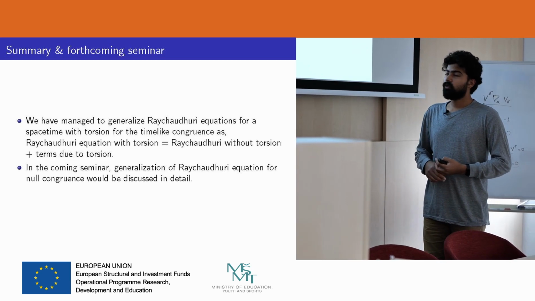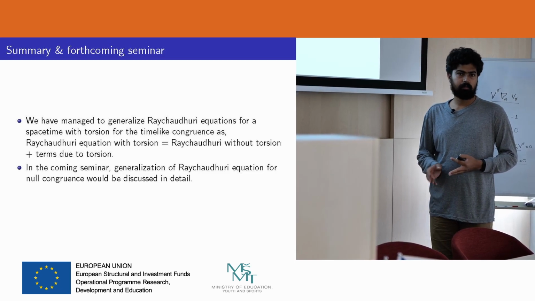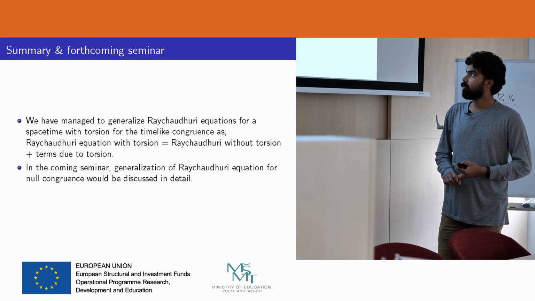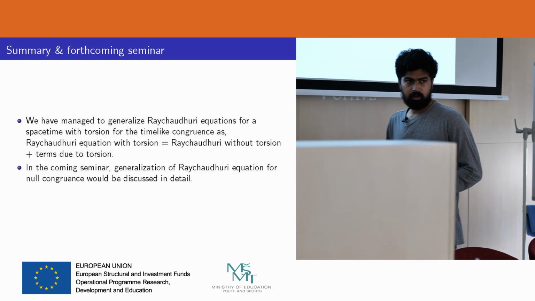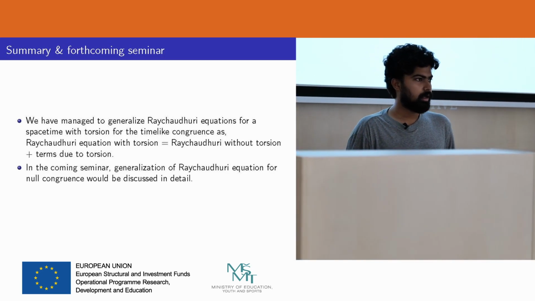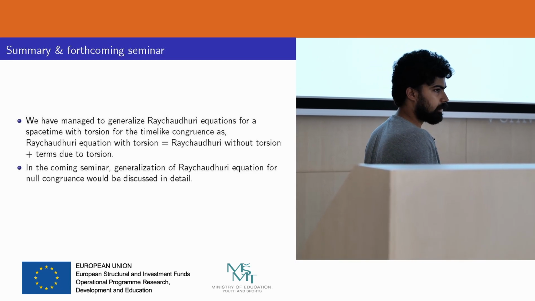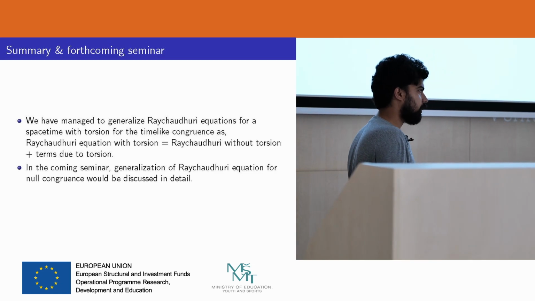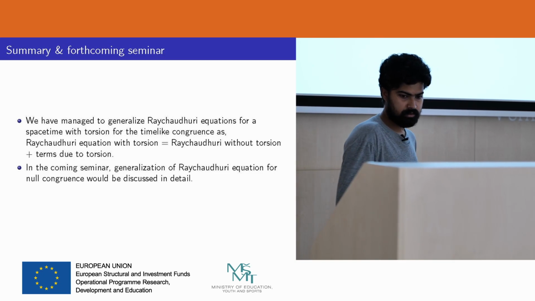We can see that those equations are a little bit more complicated, but can be written in the same manner. We also have to define the projection operator for a null congruence, which is not trivial like the time-like case, because we need the help of an auxiliary vector to define the perpendicular plane to the direction of flow.